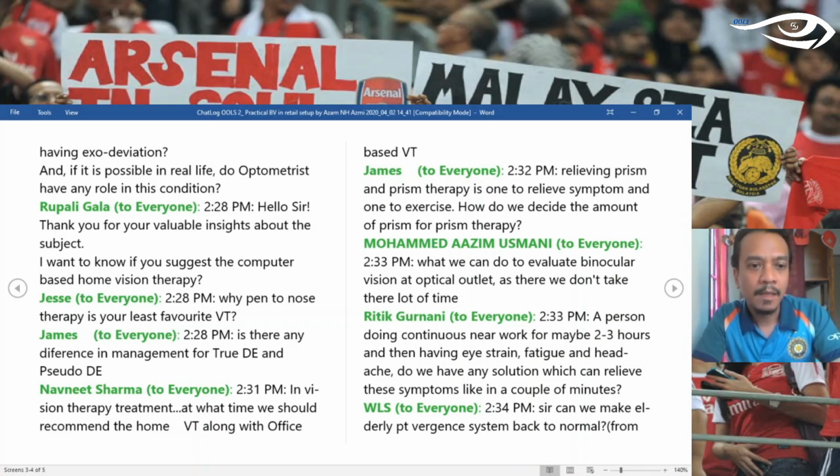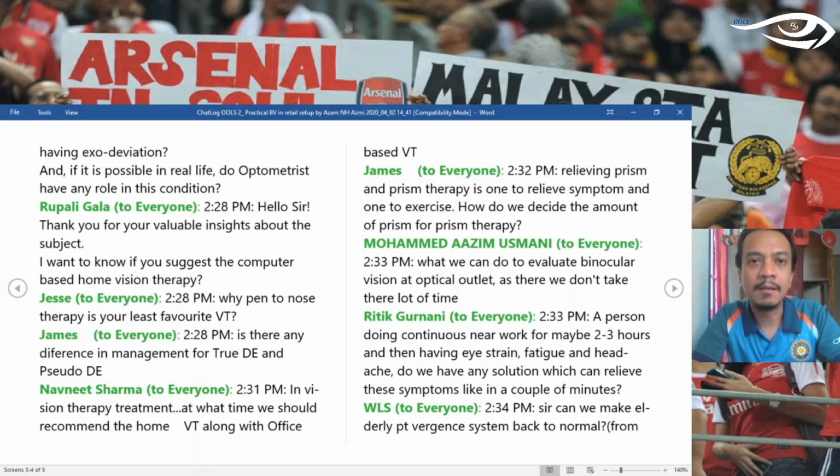Navneet Sharma asks, in vision therapy treatment, at what time should we recommend the home VT along with office-based VT? At what time? I understand from the question being asked that Navneet wants to know whether the therapy is best done in the morning, afternoon, evening, or maybe night, for home therapy especially.